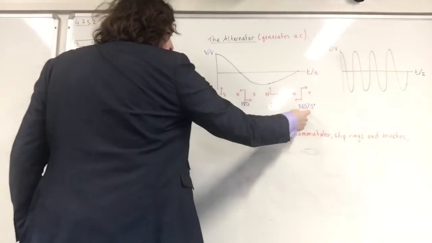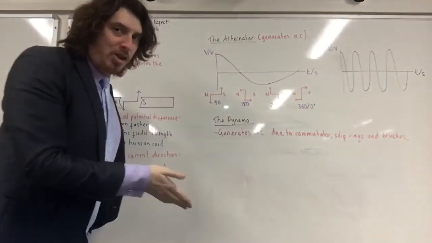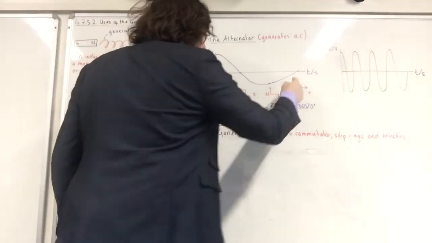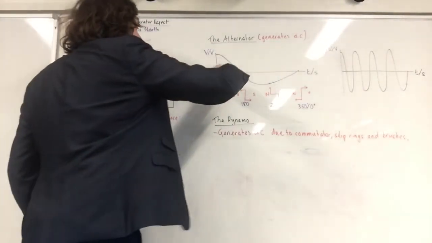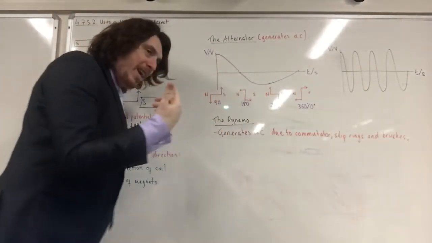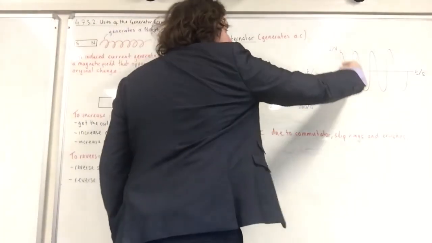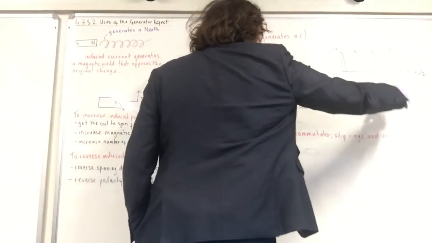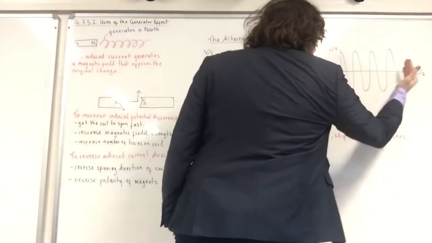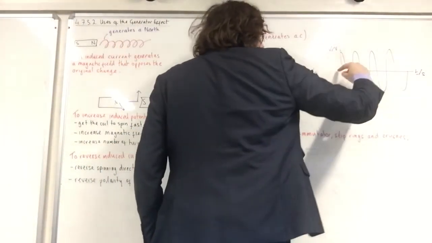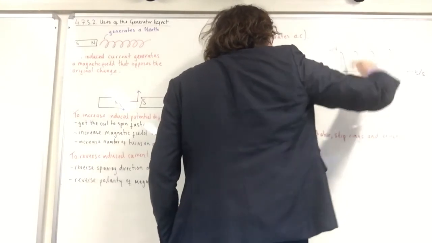And then once it's parallel again at 360, slash 0, because they're the same thing, you get 0 again. So what you get is a sine wave. If we get it spinning, then we get voltage generated in that manner. If we get it spinning faster, not only will the waves be closer together, but they will peak at higher values because you have increased voltage.